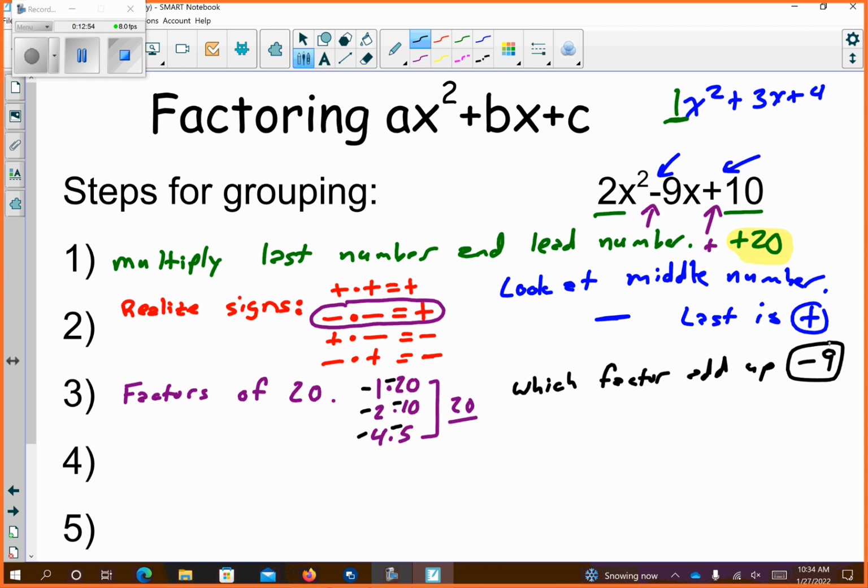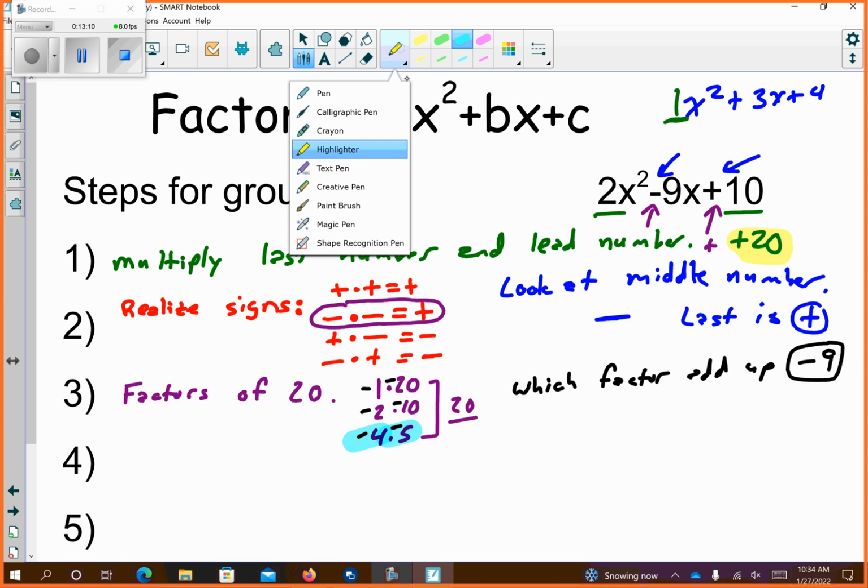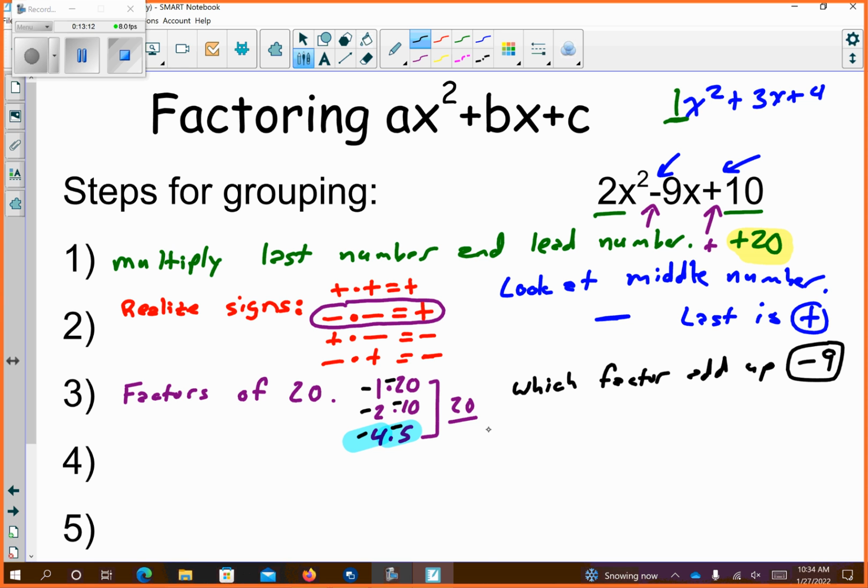I get negative 12, actually. All right, friends, if I were to add together these two numbers, negative 4 and negative 5, what do I get? Negative 9. So negative 4 plus negative 5 equals negative 9. That is what we're looking for.